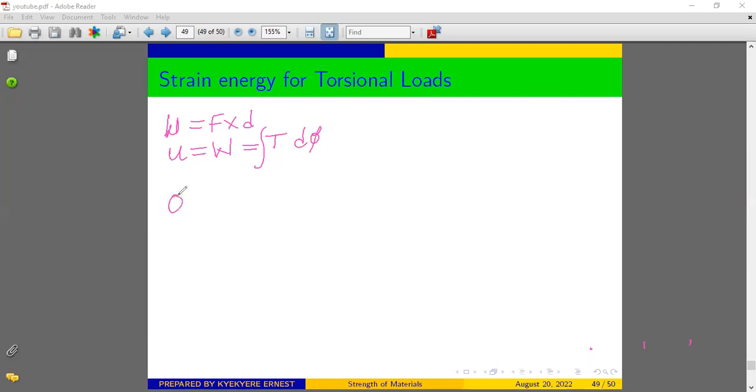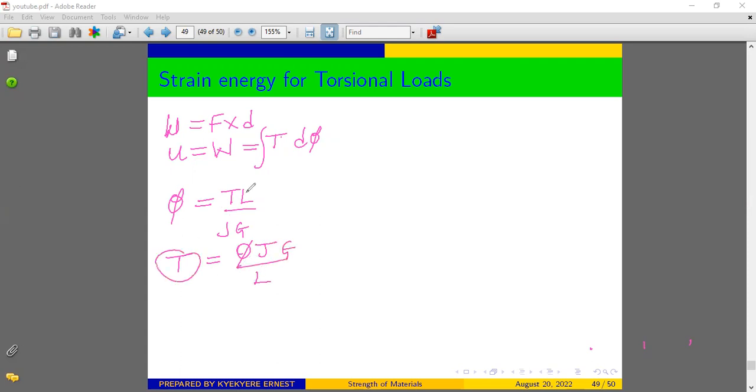But we know that the angle of twist is related to the torque by this formula, TL/JG. So if we want to replace the torque in this formula, we can make torque the subject, and the torque will be equal to the angle of twist times J times G/L.